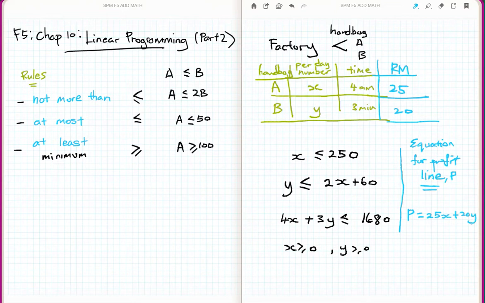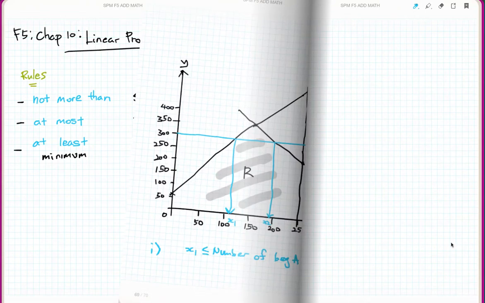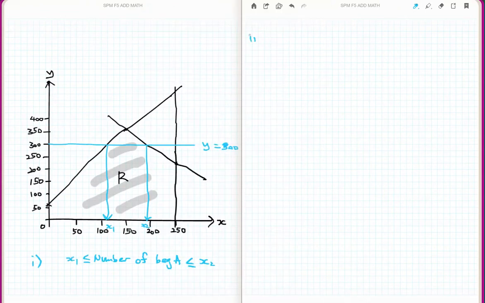Just that now you need to find what the profit is. So if I transfer this equation to the next page, part 2. The profit line P is 25x plus 20y.